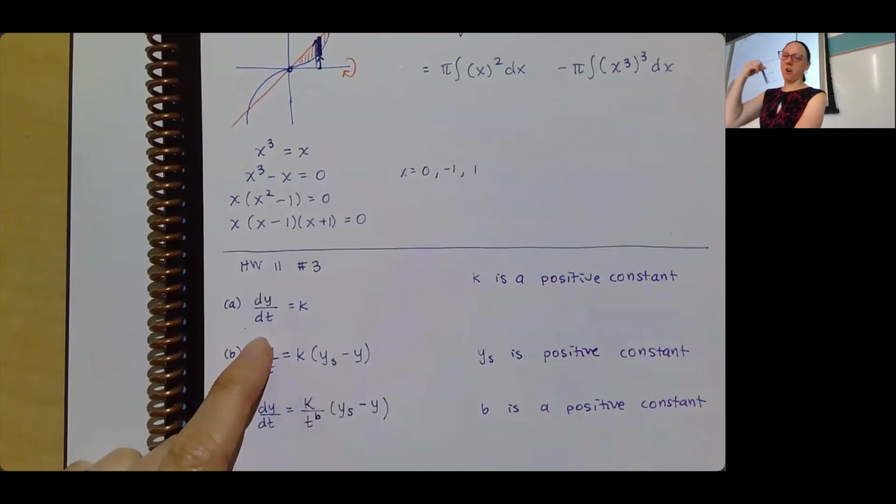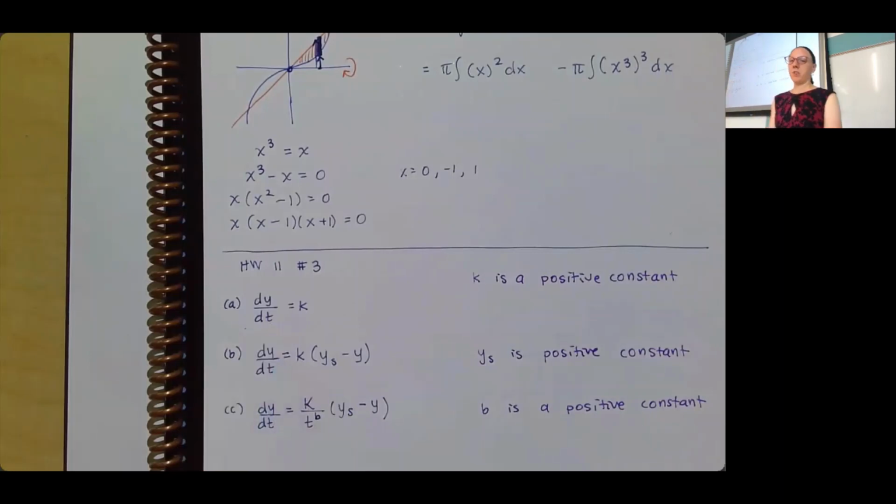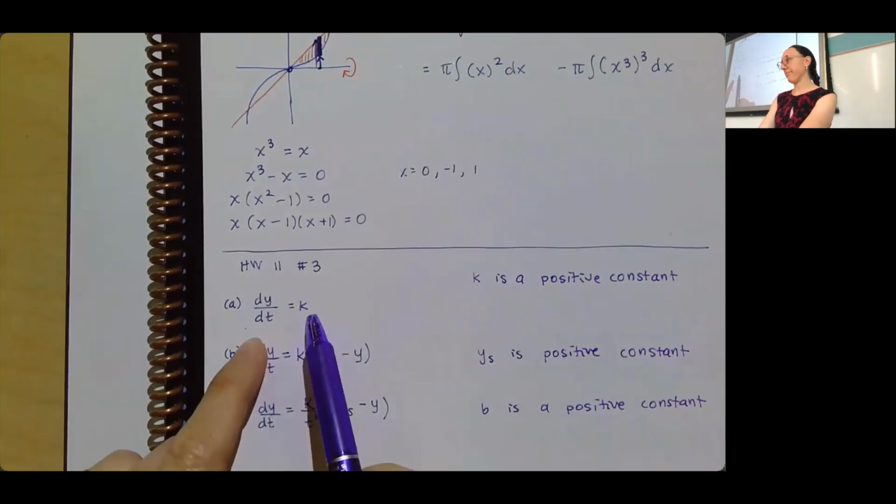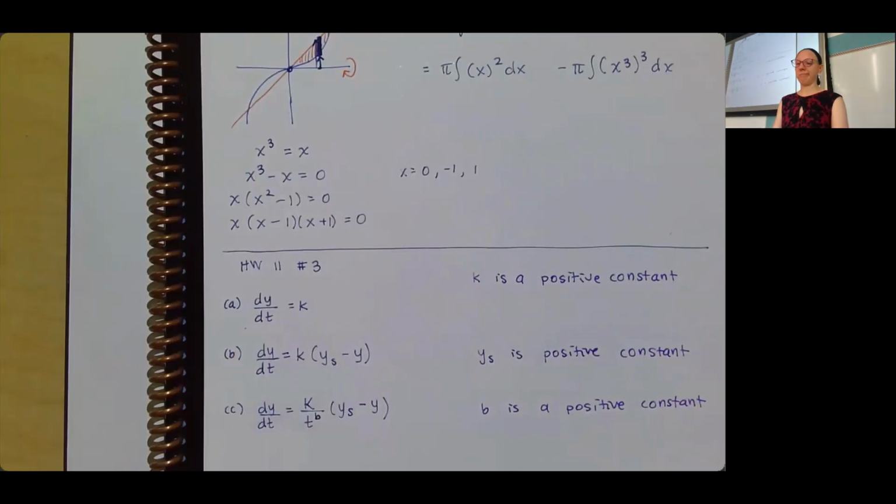Now, what did y mean in the context of the problem? The rate of change in the concentration of the drug over time is constant. That's it. That's all it means to write that in words.